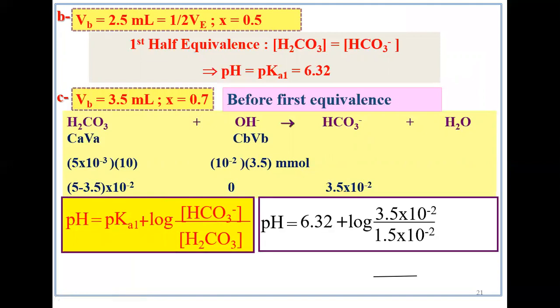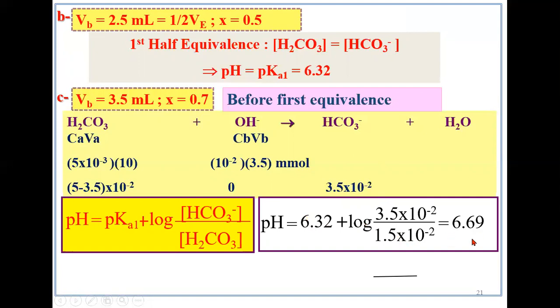We use Henderson. Plug the numbers in. Why do I just keep the millimoles here? Because if I just divide by total volume in milliliters, the volumes cancel, so I don't have to really do it. So pH equals the pKa plus log of the conjugate base hydrogen carbonate divided by the carbonic acid millimoles left over.